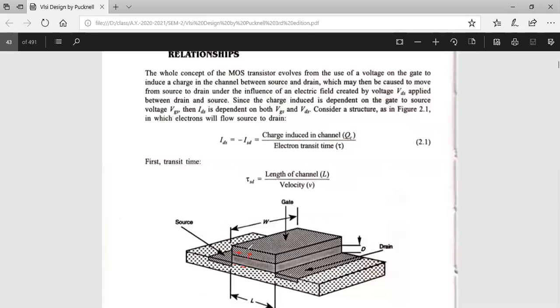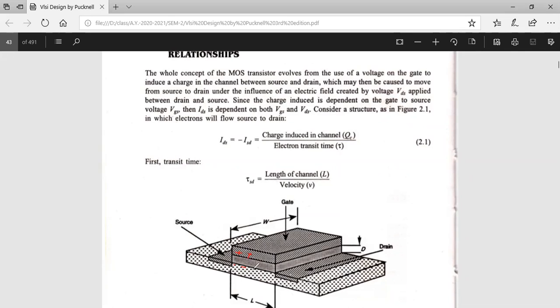After that, I increase the positive voltage, so holes are repelled from the position where the channel has to be formed.